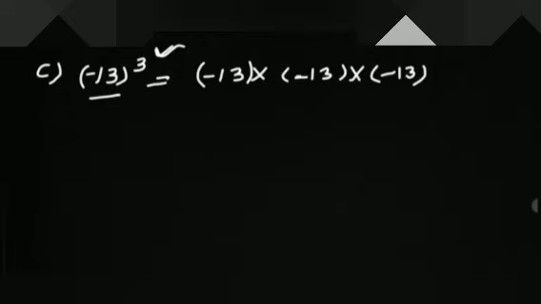Okay. So, first let us find out the sign of the answer. How to find out the sign of this answer? As per our rule, even power of a negative integer is positive and odd power of a negative integer is negative. Here, the power is 3. Is 3 an even number or odd number? We all know that 3 is an odd number.